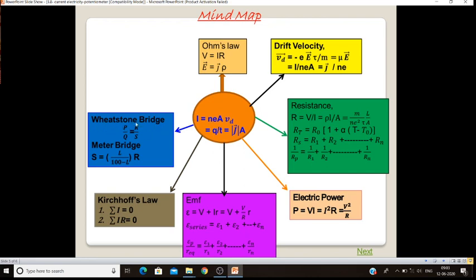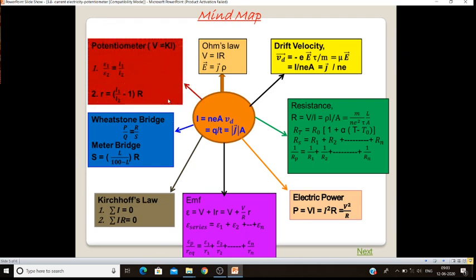The condition of a balanced Wheatstone bridge is P by Q equal to R by S. An application of the Wheatstone bridge is the meter bridge, and its application is to find the unknown resistance S. And at last, we studied the potentiometer, that is its principle and application.